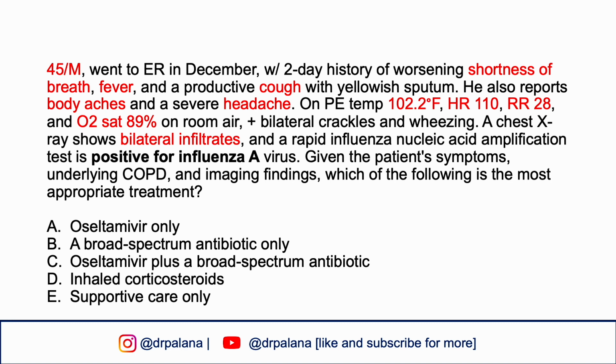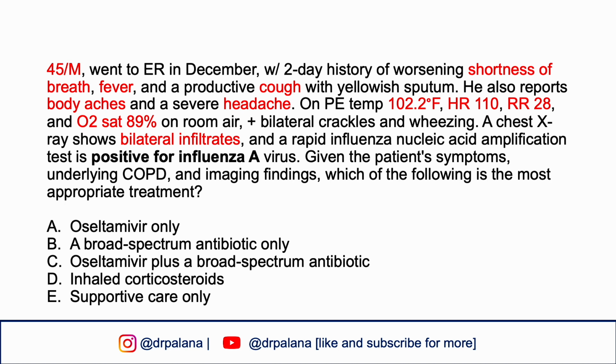Oseltamivir only, a broad-spectrum antibiotic only, oseltamivir plus a broad-spectrum antibiotic, inhaled steroids, or supportive care. The correct answer is oseltamivir plus a broad-spectrum antibiotic. This patient presents with symptoms of influenza, confirmed by a rapid influenza nucleic acid amplification test, complicated by bacterial pneumonia, as evidenced by his productive cough with yellowish sputum, high fever, worsening shortness of breath, and bilateral infiltrates on chest x-ray.